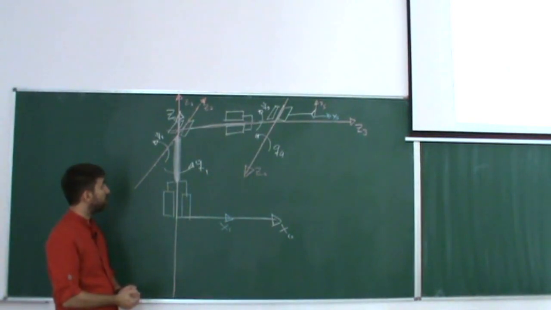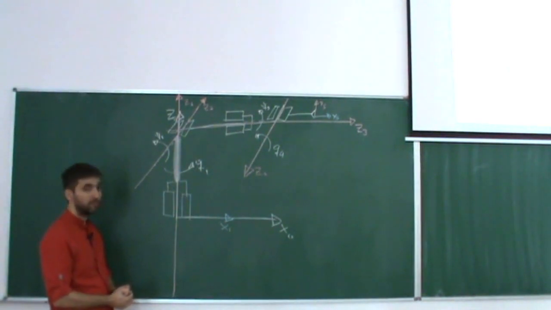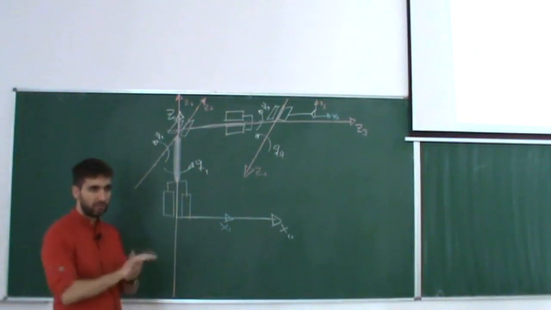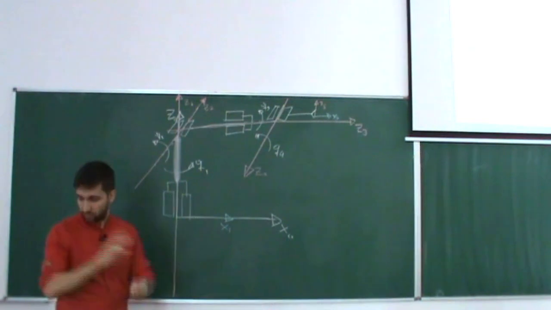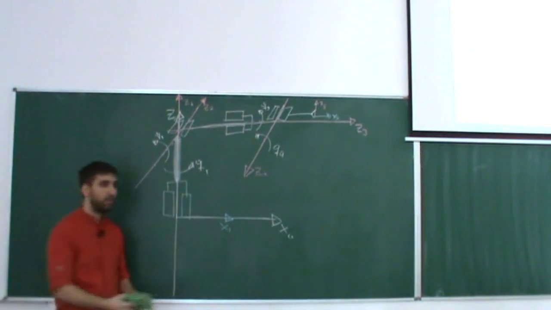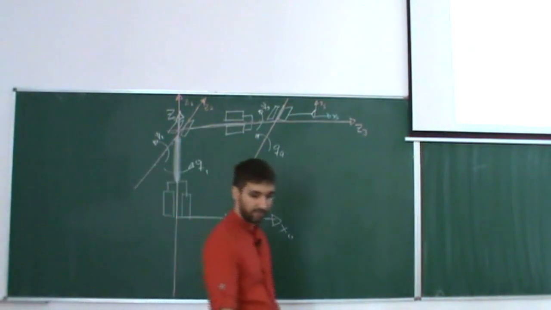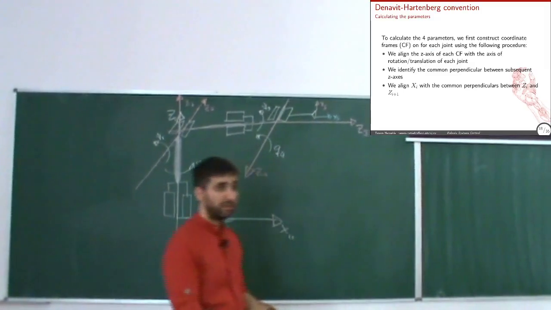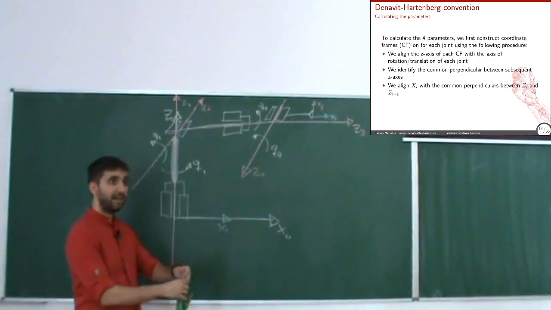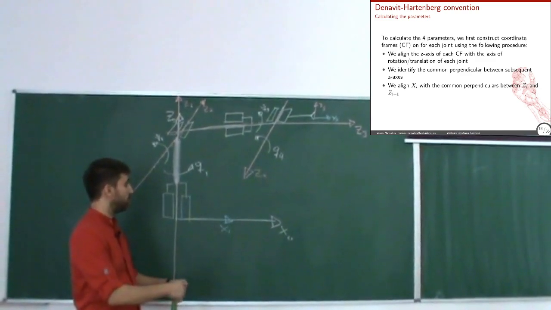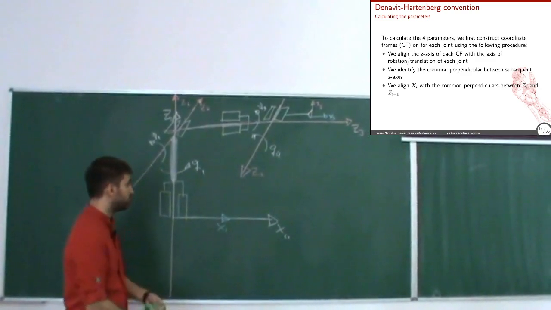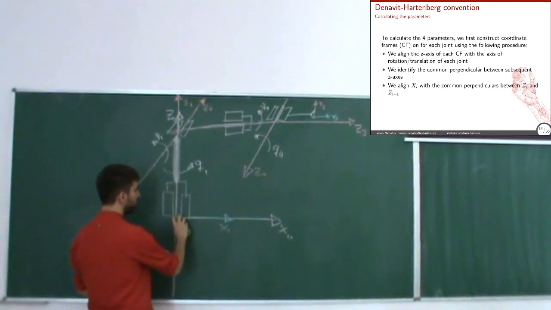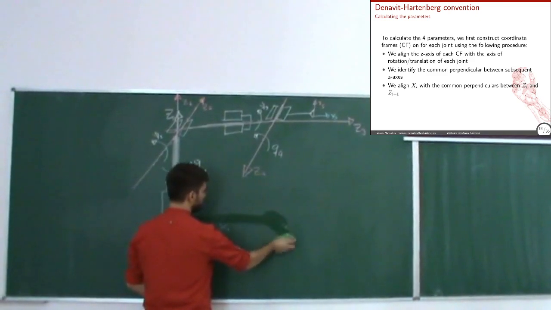Okay, next one. So wait a bit, sorry. I made a mistake. Because that's why it doesn't make sense. We said that xi is the common perpendicular between zi and zi plus 1. So my mistake is that I defined x0 basically.